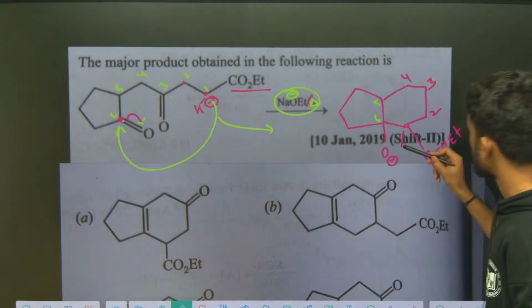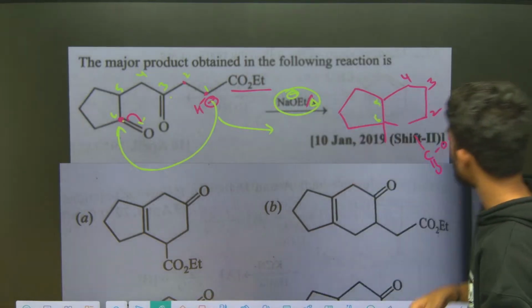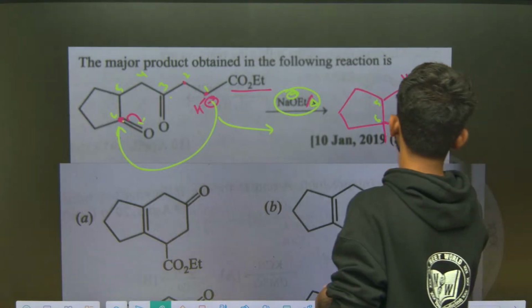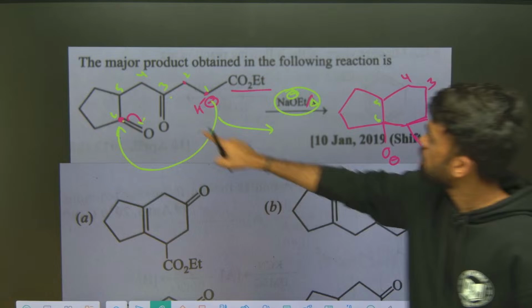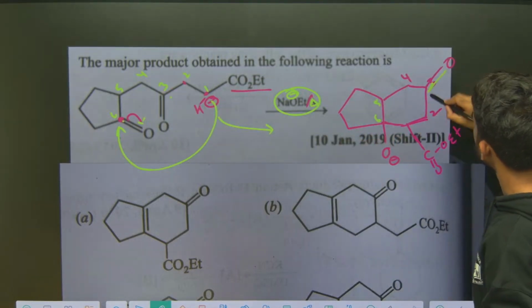On the 3rd carbon we have the keto group, write that keto group here like this.